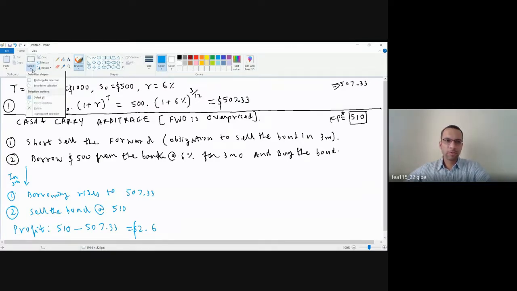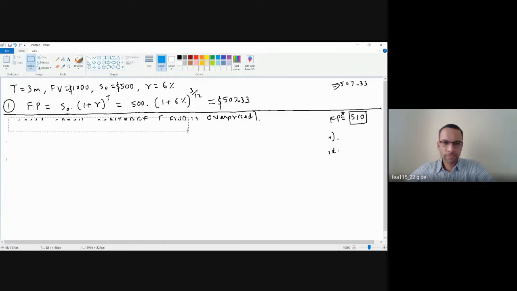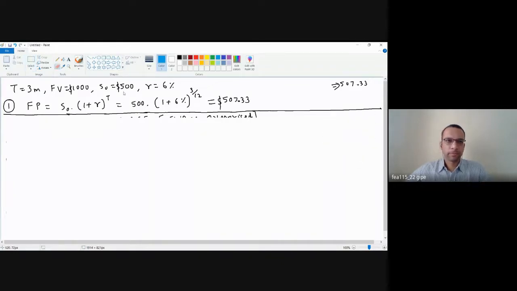So I'll just erase this below portion so that I can do the working again. The idea of reverse cash and carry becomes relevant whenever the forward is underpriced.